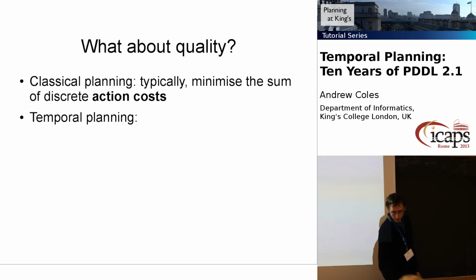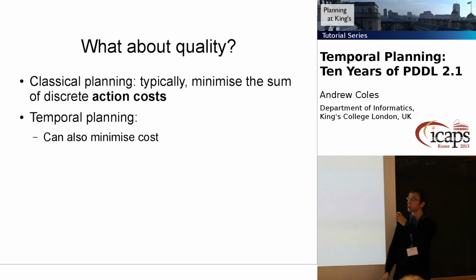What can we do in temporal planning? Well, you could also minimize the cost. No surprise there, you could take any non-temporal planning cost heuristic, you could plug the LPGP action representation into it with the cost perhaps from the start of the action, and you could use that as your heuristic estimate of the cost.